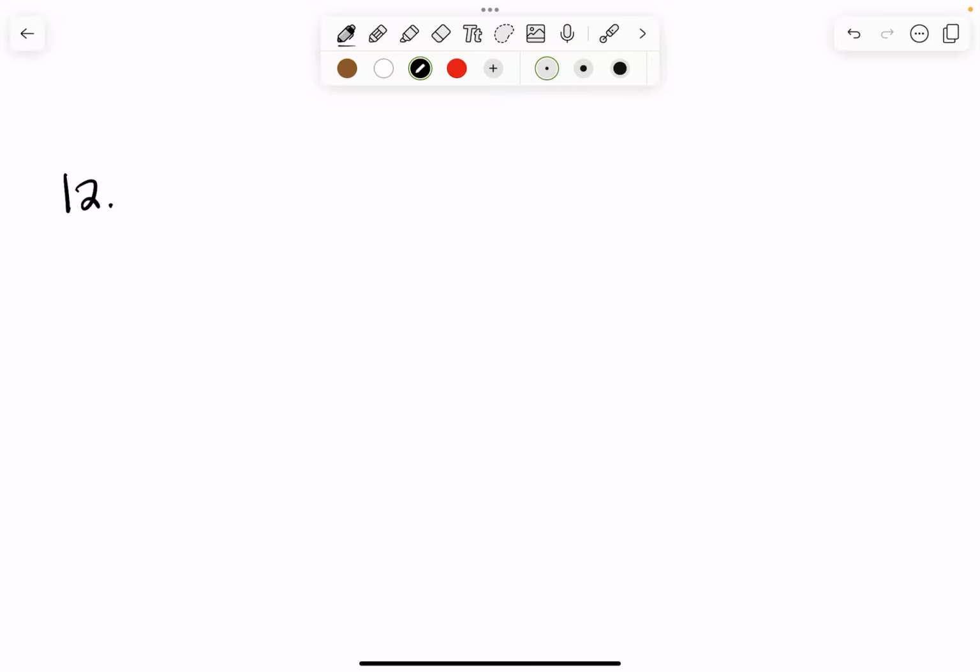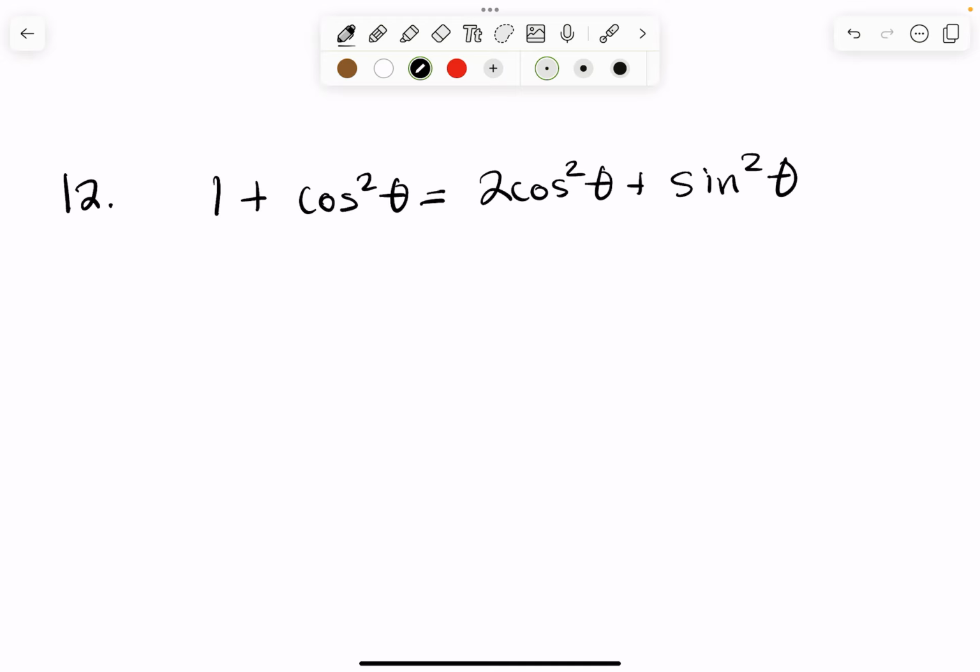All right, number 12. So once again, I'm going to pick the side that has both cosine and sine because this side is all cosine.